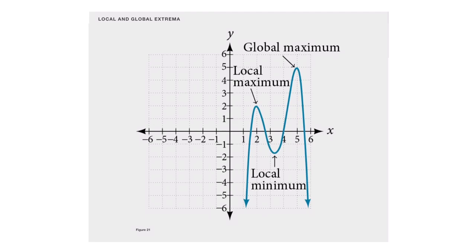So there's no global minimum because it goes down forever, right? So every time you choose a number, you can always find a number lower. But with something like this, we do have a global max. We call this a local max just because it's a peak, but it's not the highest peak. And this is a local minimum because it's the bottom of a valley, but it's not the smallest number. It's not the smallest y value, right?